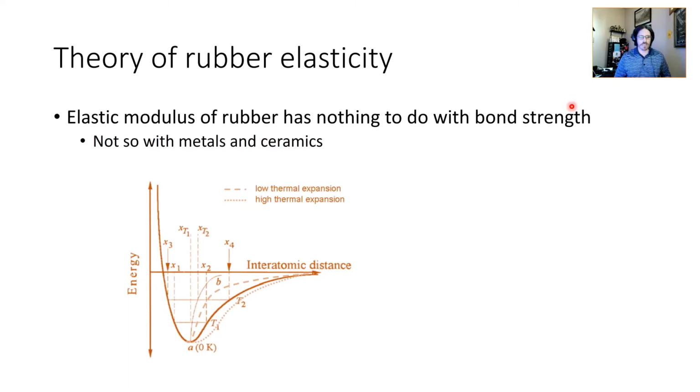Theory of rubber elasticity again, showing where we left off last time with this Jablonski diagram. We make a big deal for most materials about bond energy and bond strength, but that's not the case with rubber materials or elastomeric materials. The chains elongating are all held together by the same carbon-carbon bond that's in a regular plastic.